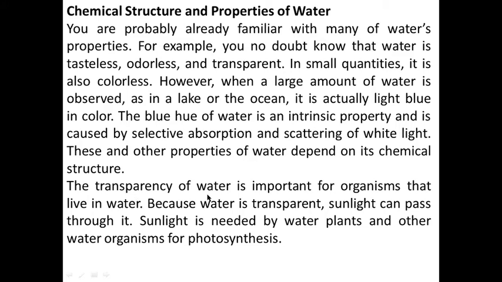The transparency of water is important for organisms that live in water because water is transparent, sunlight can pass through it. Sunlight is needed by water plants and other water organisms for photosynthesis.